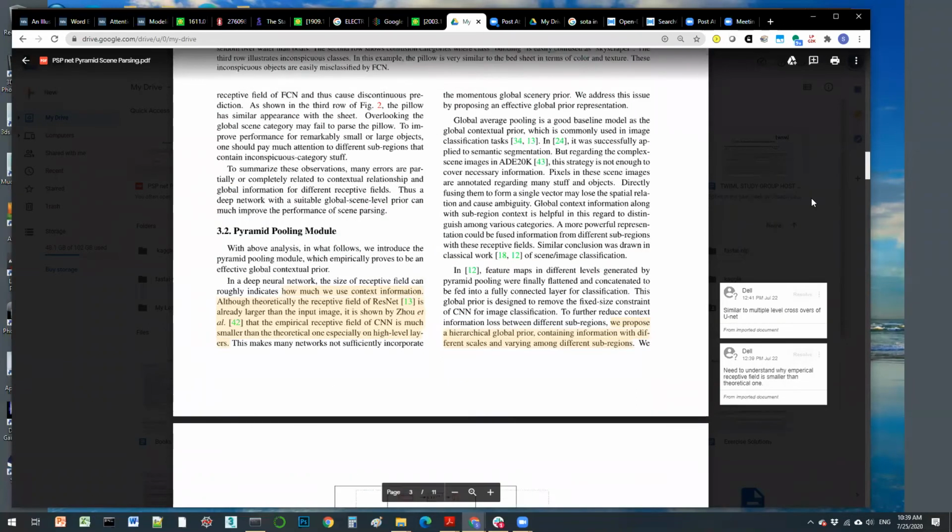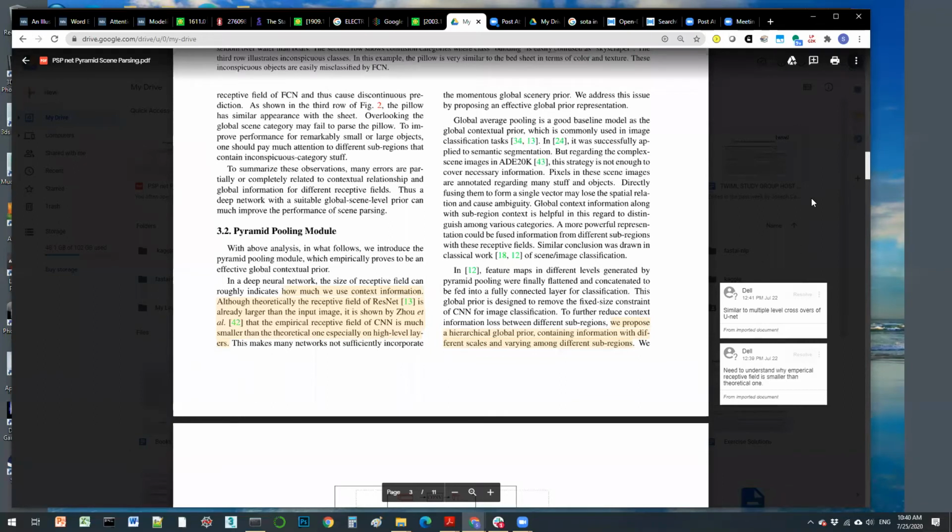So you're explaining why the receptive field of ResNet is larger than the input image. That's because you had to pad it, right? Not just because of the padding. If you look at what happens, you would do the convolution, and then when you go to the next layer, it's going to become smaller, your image, because of convolution. I'm assuming you're not doing same size padding and all that stuff. Conventionally, it would become smaller.